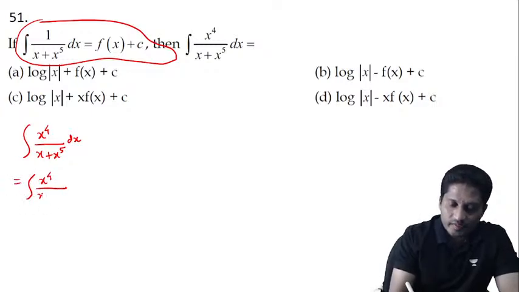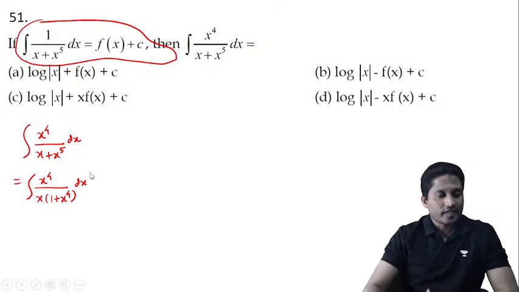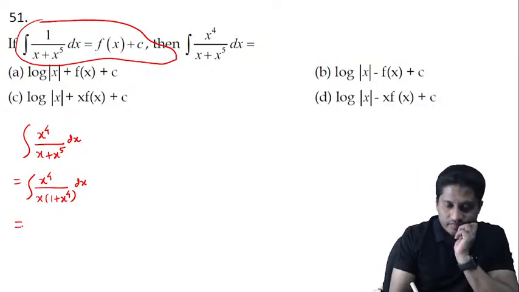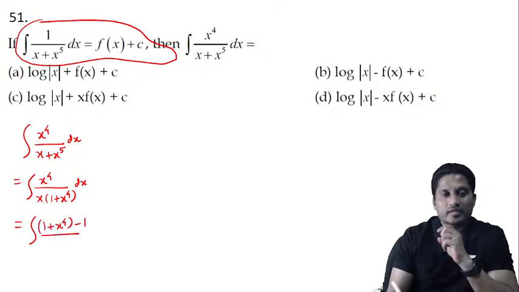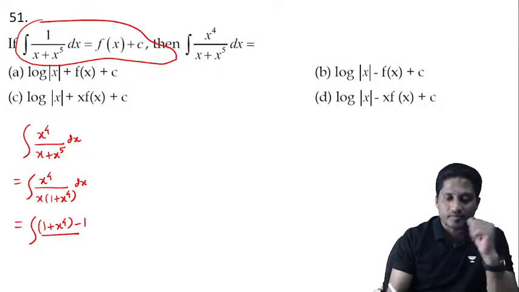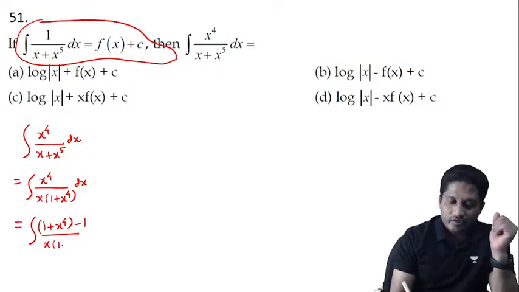If I take x common, you get 1 plus x to the power of 4 dx. Now if I separate them, do like this. I'm going to write 1 plus x power 4 minus 1. I added 1 and subtracted 1. I am writing the numerator in terms of the denominator, x into x to the power of 4 dx.